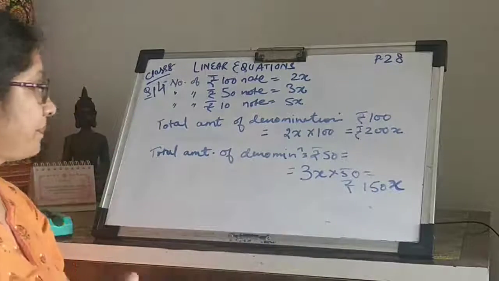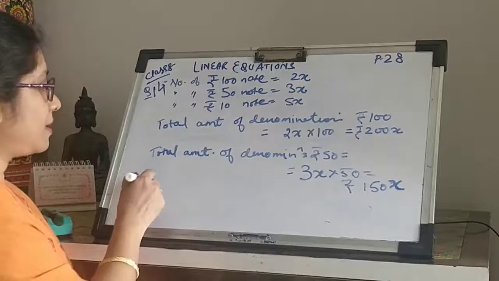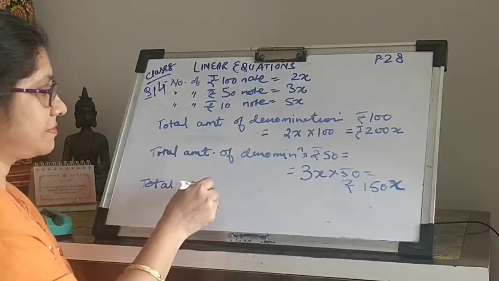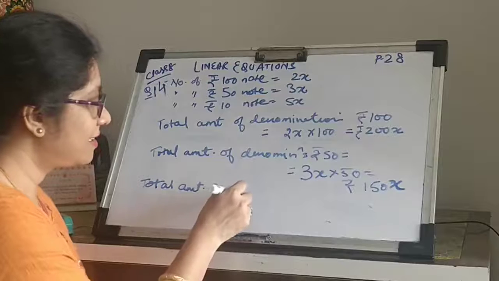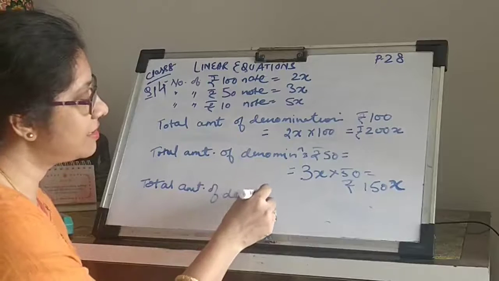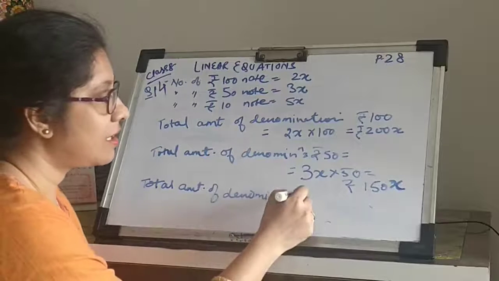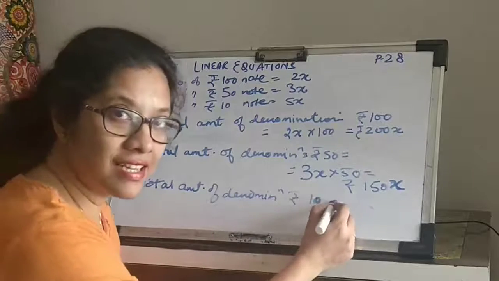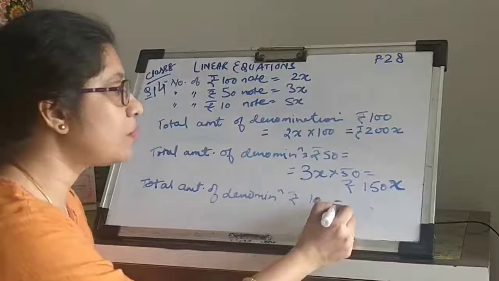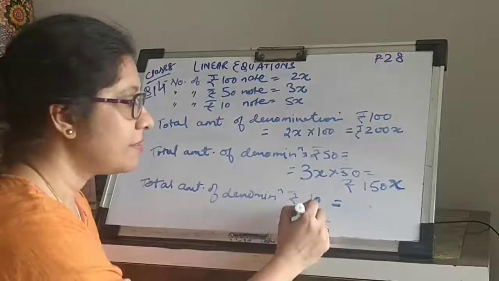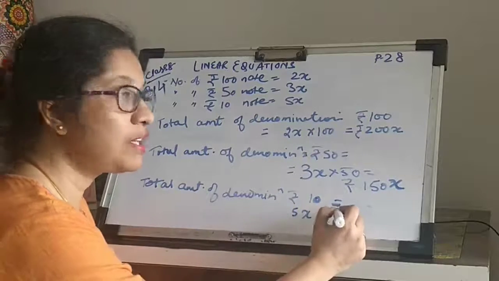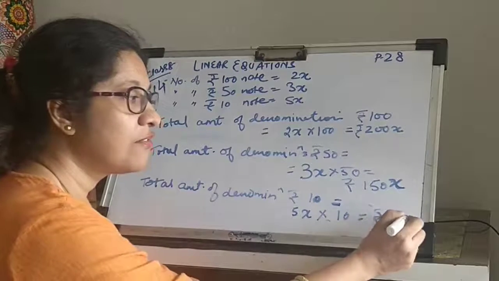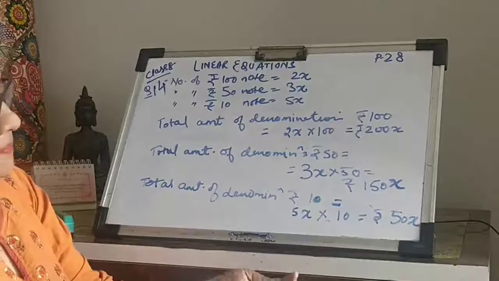Correct? Total amount of denomination of rupees 10 will be equal to 5x into 10, which is equal to rupees 50x.